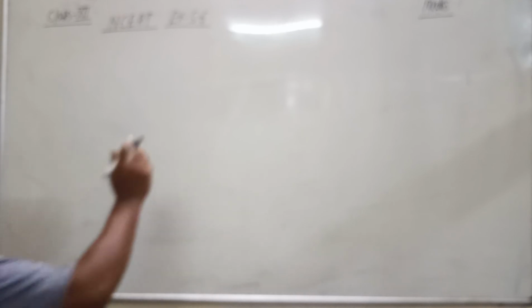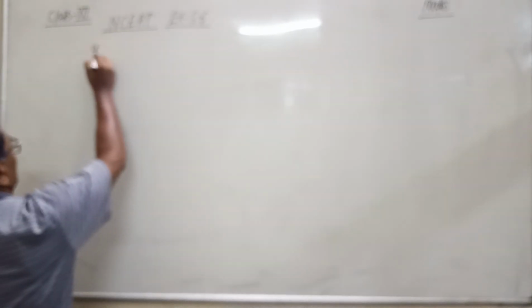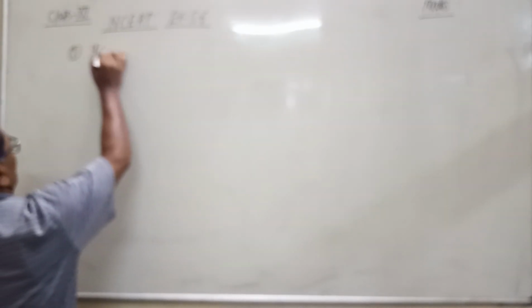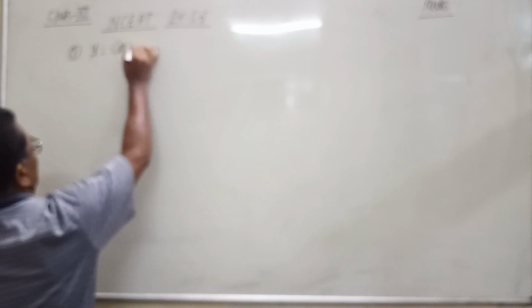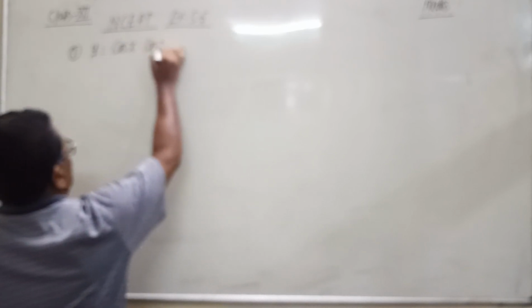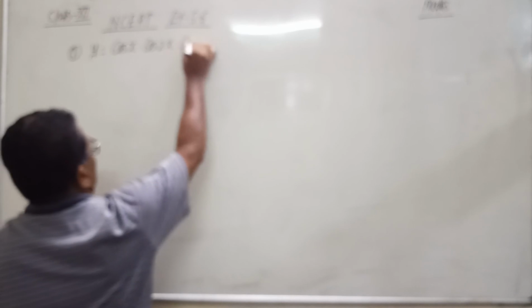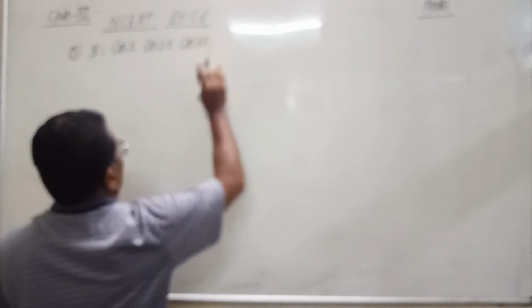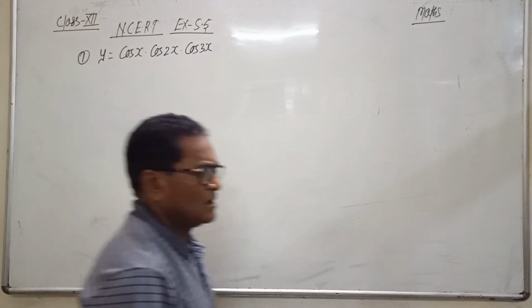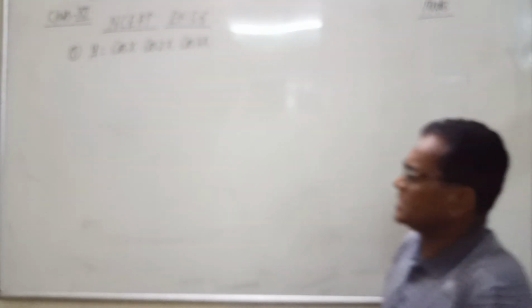y equals cos x into cos 2x into cos 3x. So this is also complicated. There are three terms.